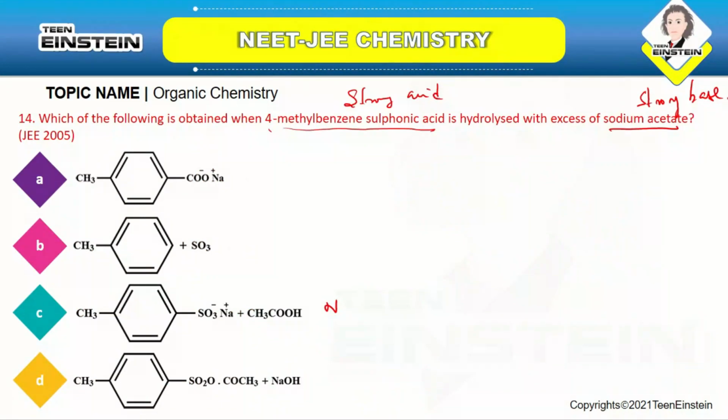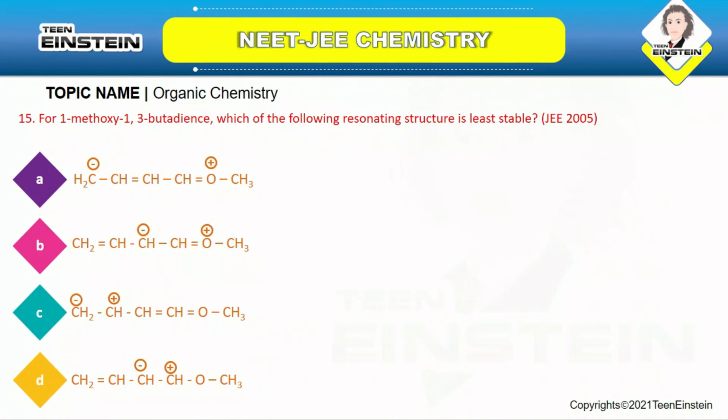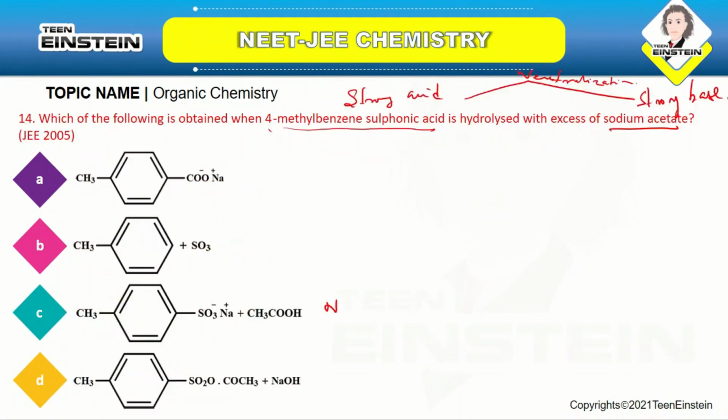When a strong base and a strong acid are mixed, the chemical reaction is said to be neutralization. So a spontaneous neutralization will occur between strong acid and strong base.